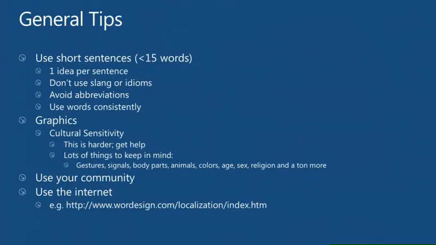Just some general tips. These are generalizations around translation. Try and use short sentences when you write your applications, and keep your sentences down to one idea per sentence. Don't have sentences that say "and", because it makes it much more difficult to translate. Don't use slang or idioms.